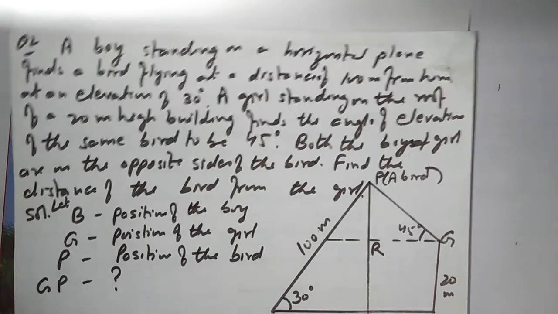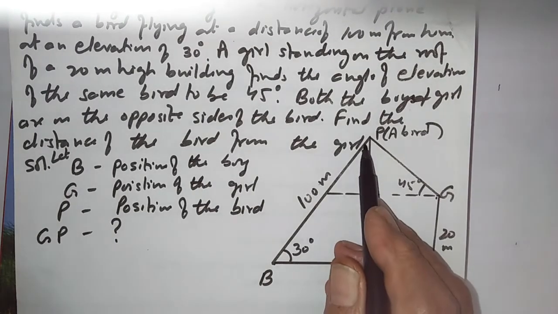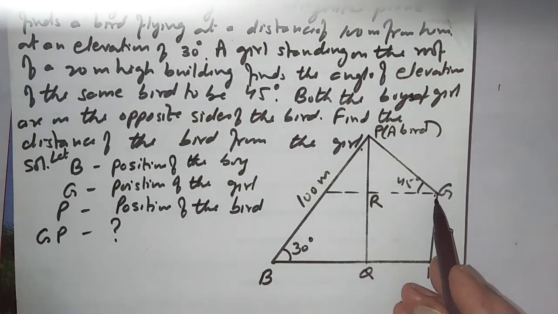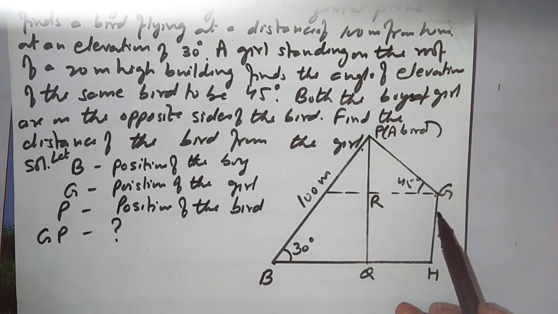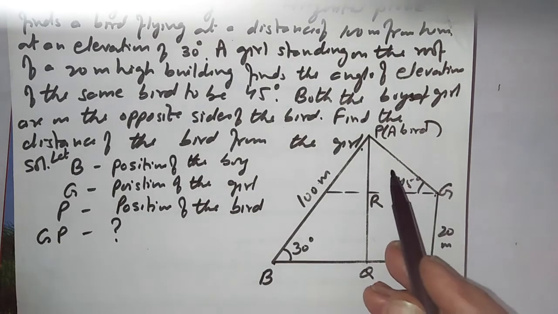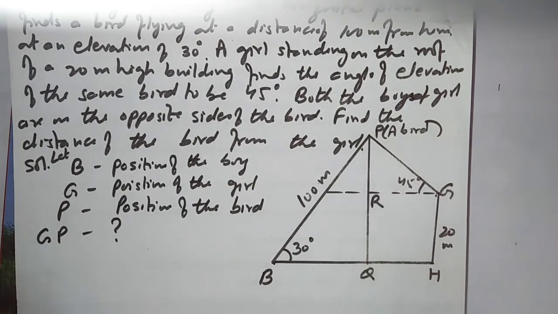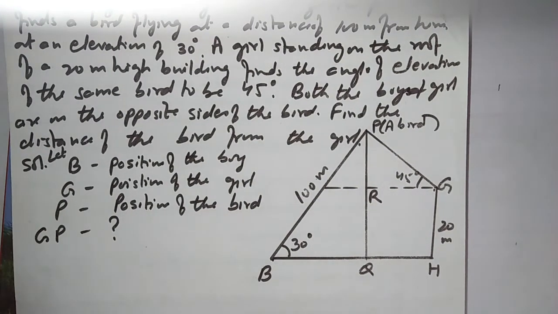We have to find out GP, distance of G, the girl, from P, the bird. Now, this is a 20-meter high building GH. Boy is standing on the horizontal plane and girl is on a 20-meter high roof. They are on the opposite side. BP is 100 meters. You have to find out GP.